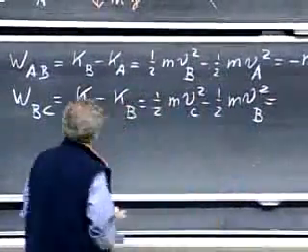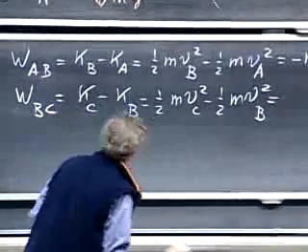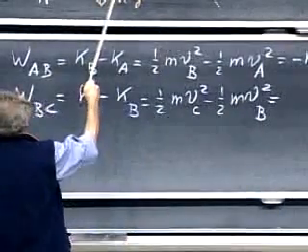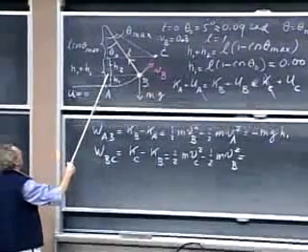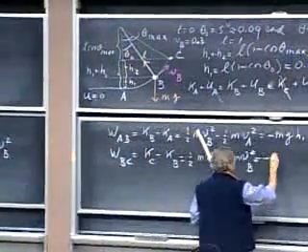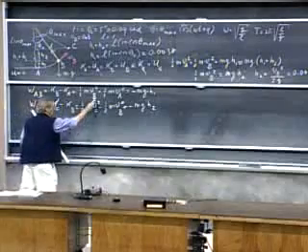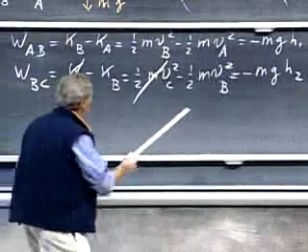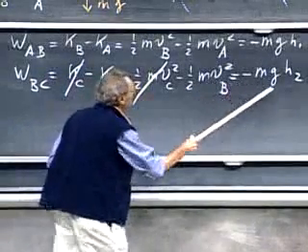And that is the work that gravity is doing when the object goes from B to C. And that work is minus mgh2. So this equals minus mgh2. This is 0. And so you see what you see here is exactly what you see here. The two are identical.